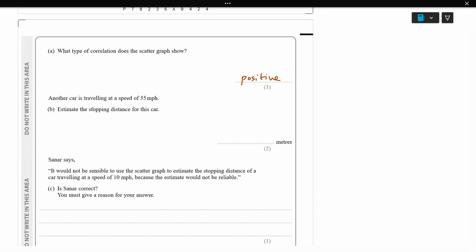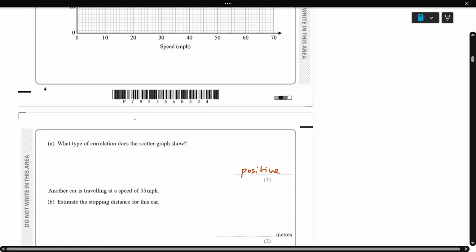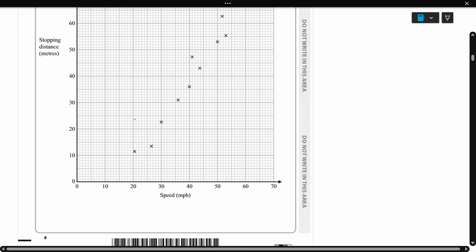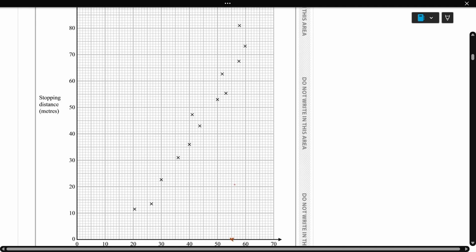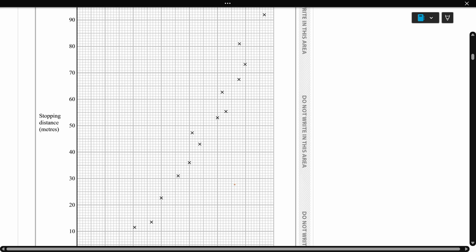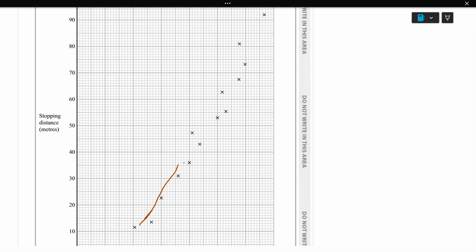Next, another car is traveling at a speed of 55 miles per hour. Estimate the stopping distance for this car. Before that, we need to draw a line of best fit. Use a ruler and go through the middle of the points, something like that.